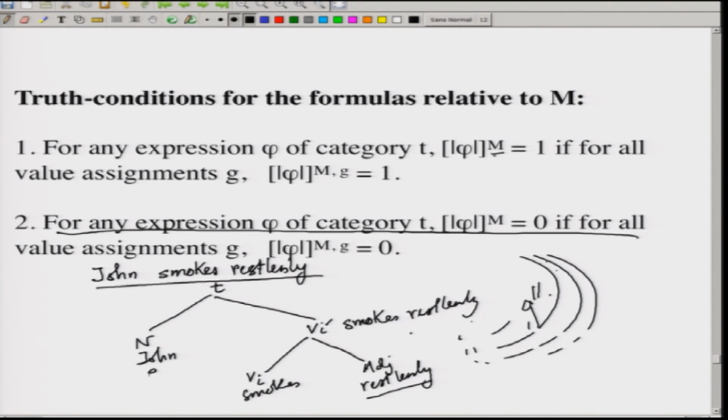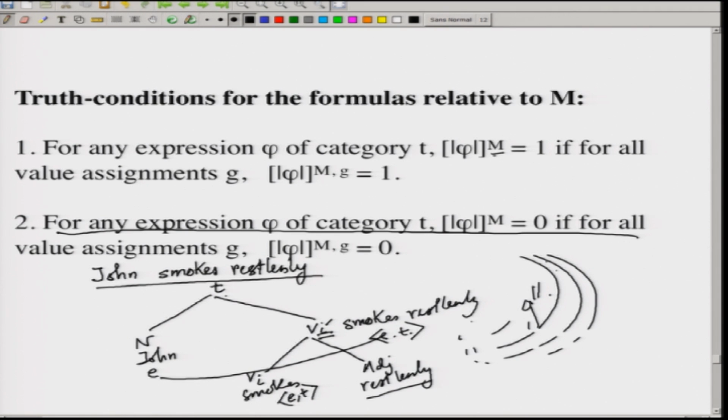What is the type of this? Ignoring other things, we can just determine the type of this. How do we do that? We know the type of John is E. We know the type of Vi prime is E to T; otherwise, T could not come. So E and E, so T comes out. So the type of this node is E to T, and smokes we know for sure is E to T. It's a one place predicate, right?